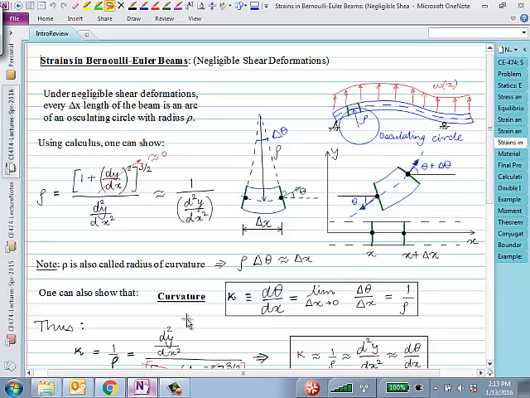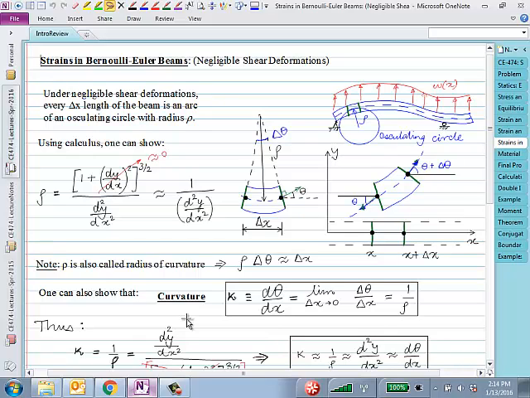How do we define curvature? In this manner. So let's say I have some beam out here. I've applied some loading to that beam, and under that loading, it has deformed to some sort of a shape.